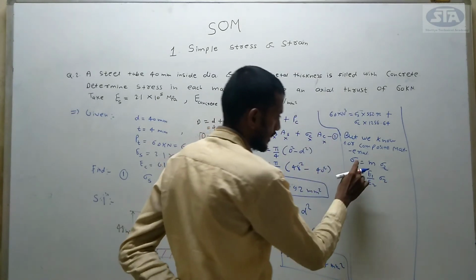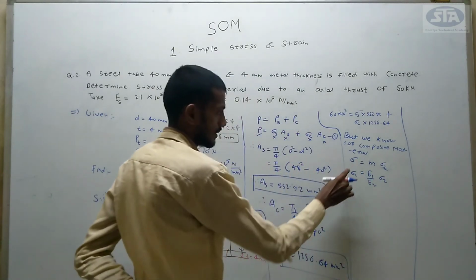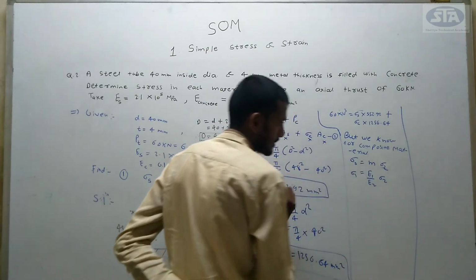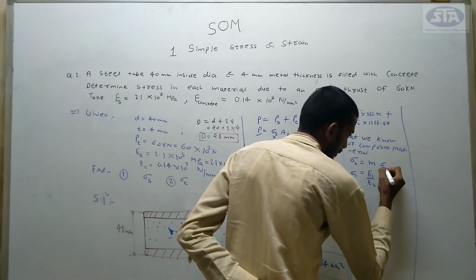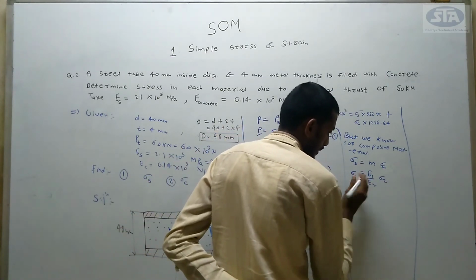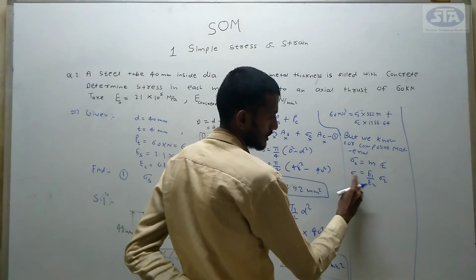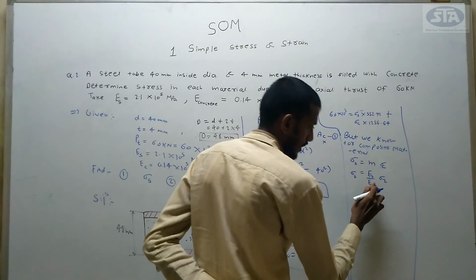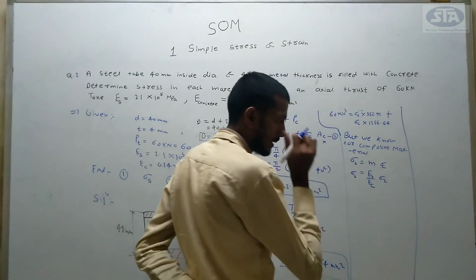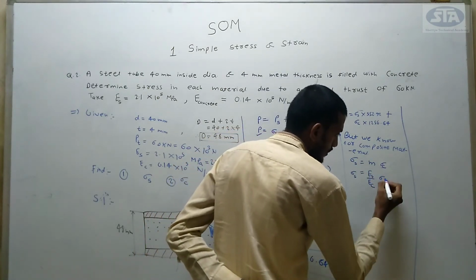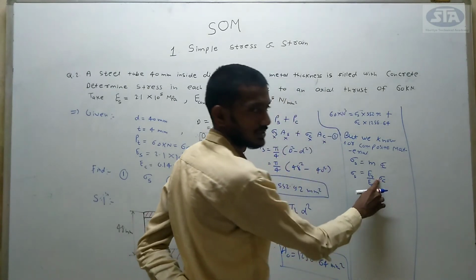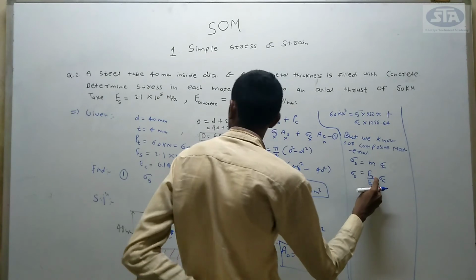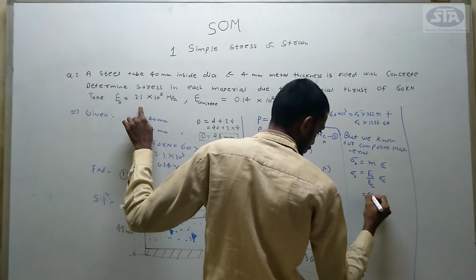Here suffix 1 is for steel, that's why I am writing S, and 2 for concrete, that's why C. So stress in steel is equal to modulus of elasticity of steel divided by modulus of elasticity of concrete into concrete stress.